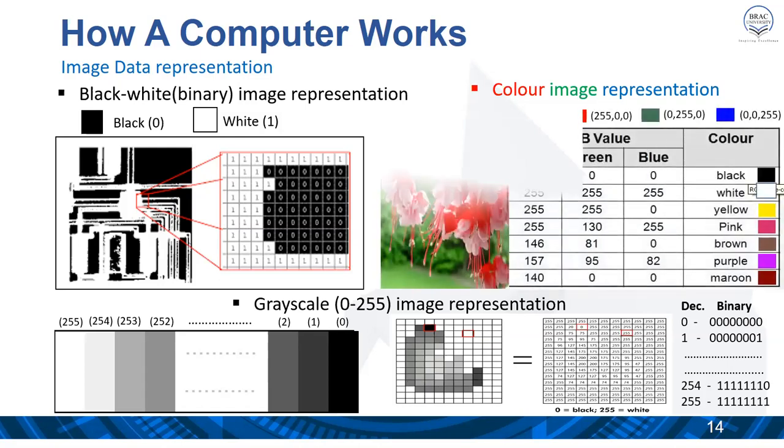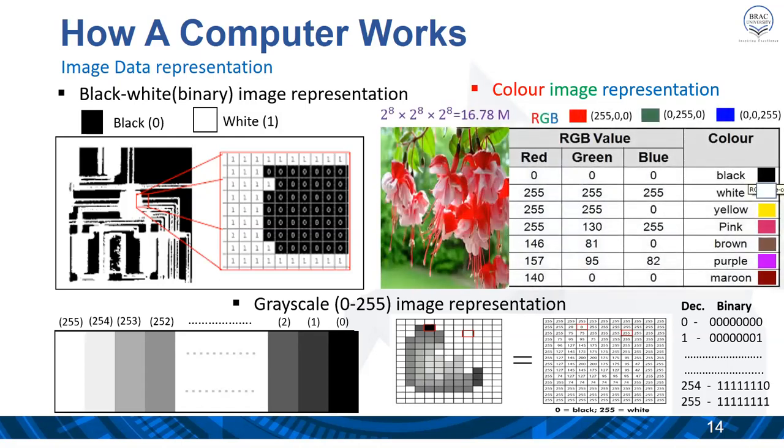We're now moving to the color image representation. A pixel of the color image consists of 3 basic color components such as red, green, and blue. For this reason, color image is also termed as RGB image.